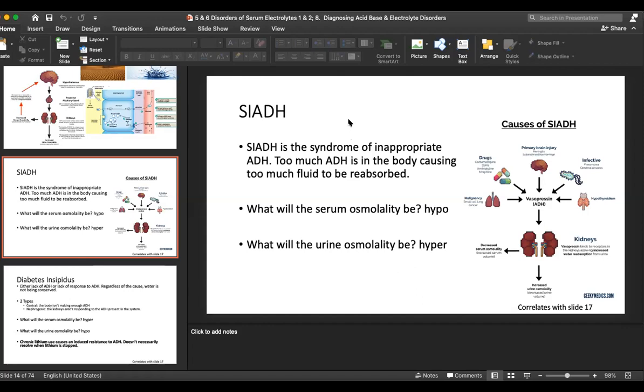And if it's really concentrated, it's going to have high sodium in it, and it's going to be hyperosmotic. Your blood is going to be super dilute. So we're going to have low sodium because we've got so much water, because the ADH is increased too much, and so it'll be hypoosmotic.